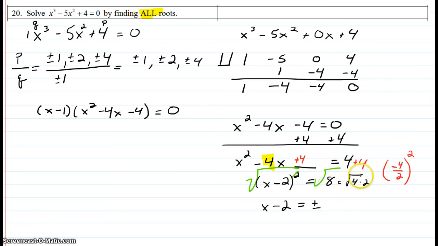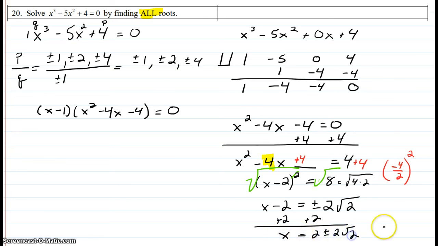So the square root of 4 is 2. This 2 stays on the inside. And now I add 2 to both sides. And we get x equals 2 plus or minus 2 rad 2. So my solutions, or my roots, are x equals 1, and then from what we did over here, 2 plus or minus 2 rad 2.